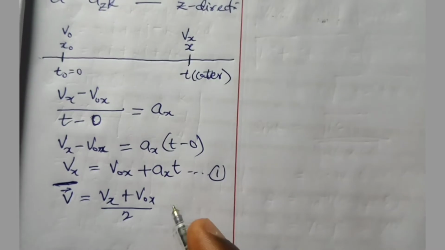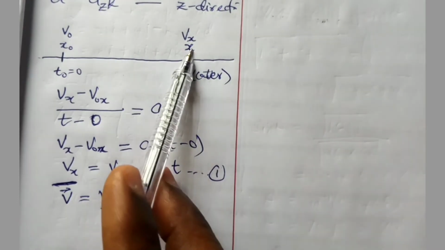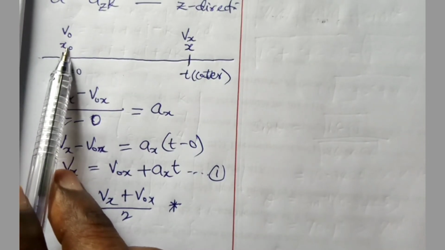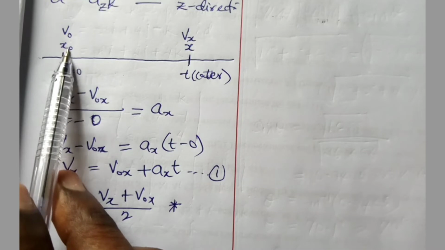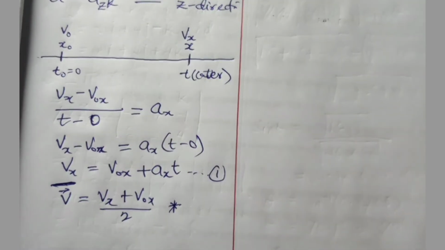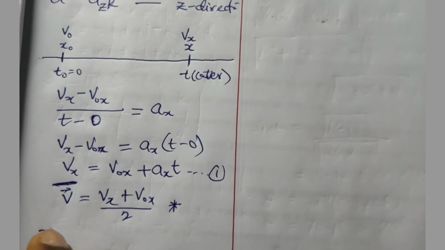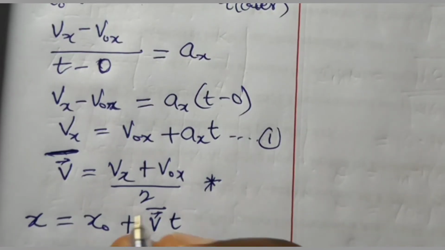Also, the displacement x will be the place you met it, x0, which we don't know and can be 0, plus the average velocity times time. So displacement x is equal to x0 plus the average velocity with which it is moving, times time.